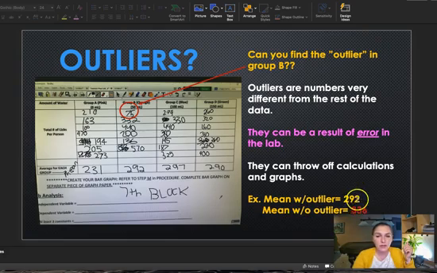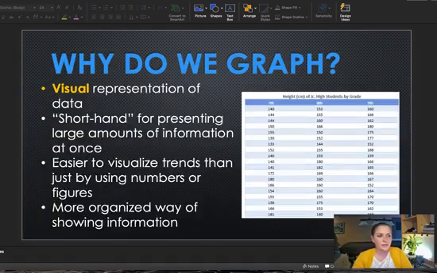These averages are very different. And that's because the outlier throws it off so much because it's so different from the rest of the values. So sometimes it is a legitimate value. A lot of the times, though, it does result from an error in the lab. And so we'll talk more about that when we get into doing our experiments.